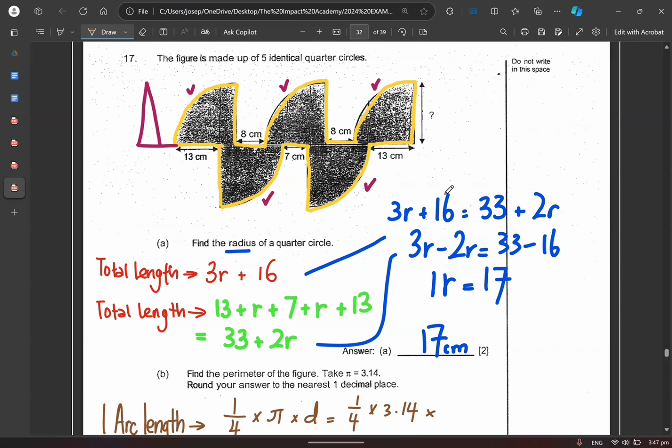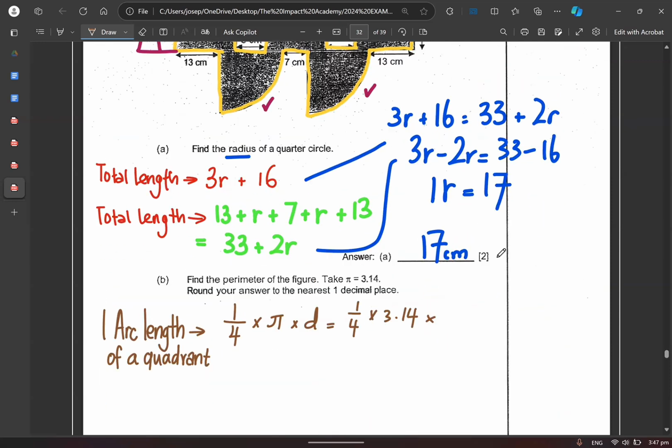What is the meaning of diameter? As you can see over here, the radius is 17, so the diameter has to be 17 times 2. So 1/4 times 3.14 times 34. Am I making sense? 1 over 4 times 3.14 times 34, you get an answer of 26.69.